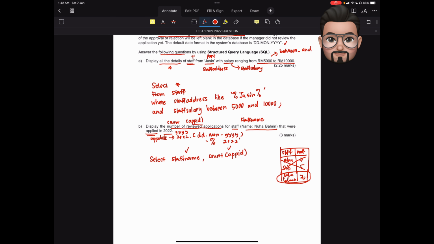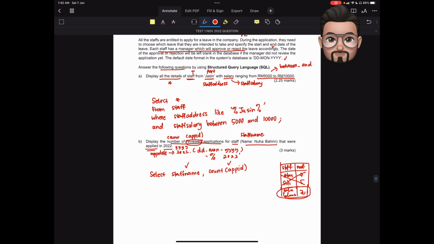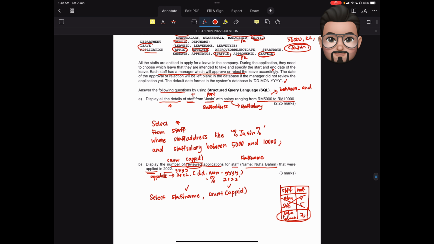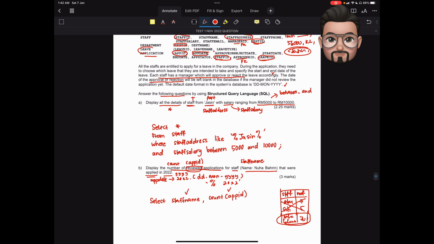So what is it by reviewed over here? If you take a look, based on the question, the date of the approval or rejection, we have the approve reject date. And the date of the application reviewed must be left blank if it's null, means it is not being reviewed yet by the manager.